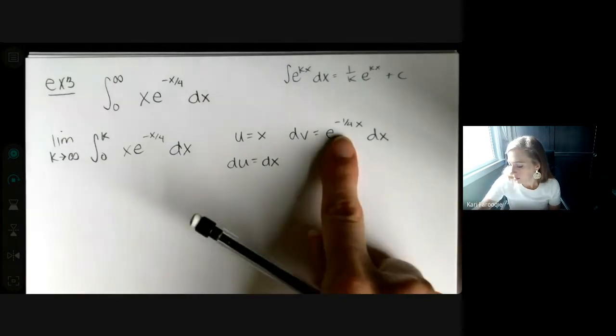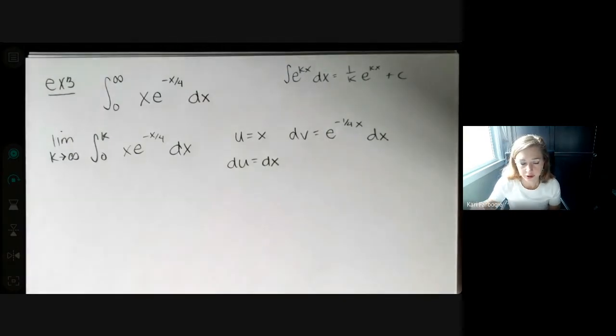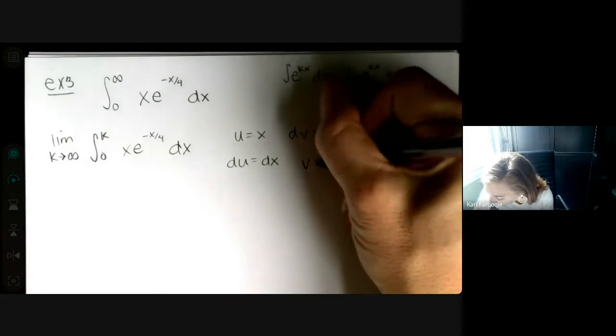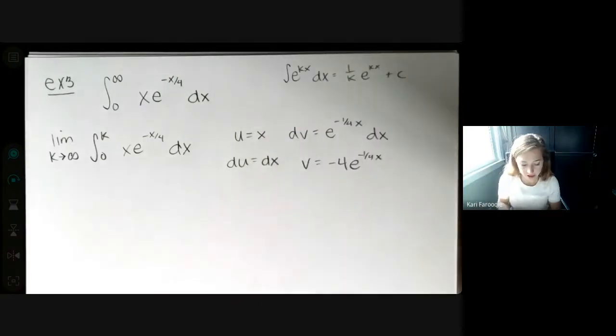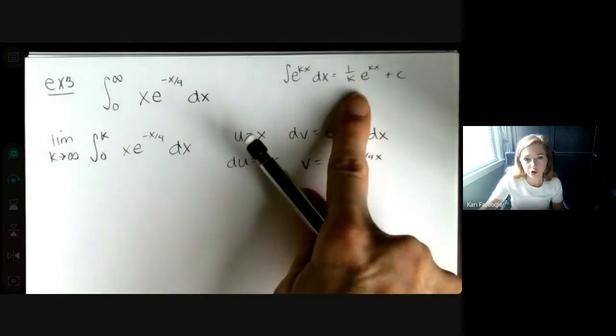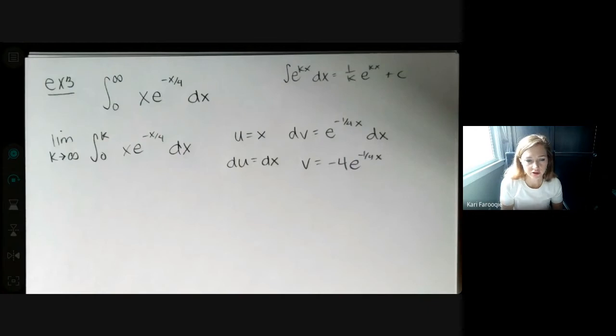If k is negative 1/4, 1 over negative 1/4 is going to be negative 4. So v is going to be negative 4 e to the negative 1/4 x. If you remember this, it'll make your integration a lot easier. You won't have to sit there and do a u substitution or anything crazy like that.